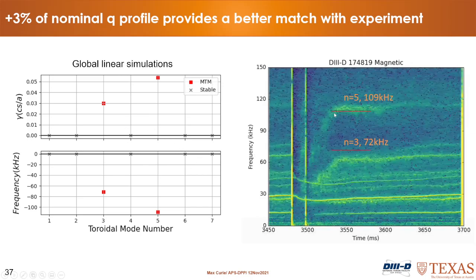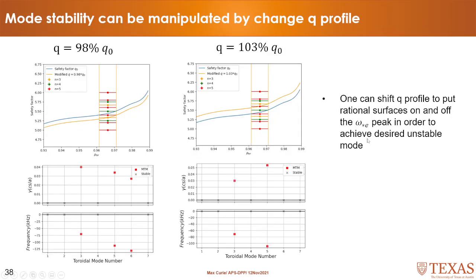And the red horizontal lines are the frequencies predicted by the gyrokinetic simulation. So I would like to emphasize that this is a very powerful message. You can shift the Q profile with certainty about what fluctuation, what toroidal mode number, will be unstable by using the plot on the top.